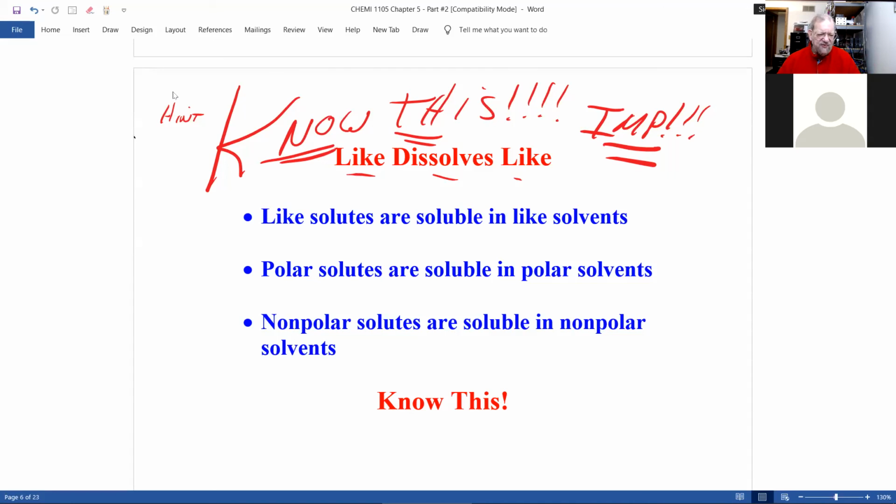Like dissolves like means like solutes are soluble in like solvents. What this really means is polar solutes are soluble in polar solvents, and nonpolar solutes are soluble in nonpolar solvents. Wow, I even have it written on this slide. Know this.